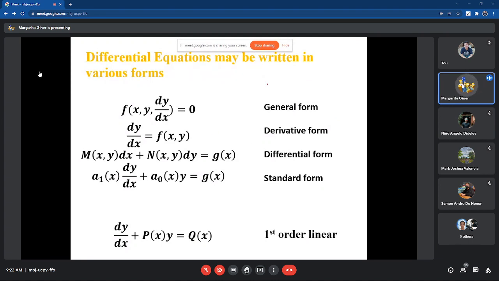Differential equation will be written also in various form. So, pag makita mo amo ni siya, this is yung na to ni general form. This is the derivative form. So, this is the differential form, standard form, and first order linear equation.